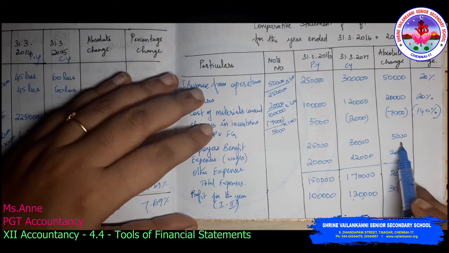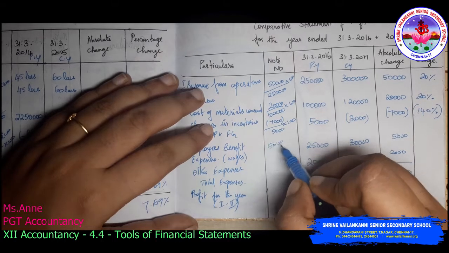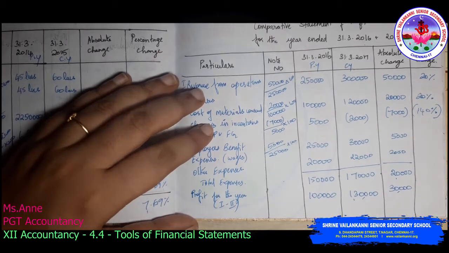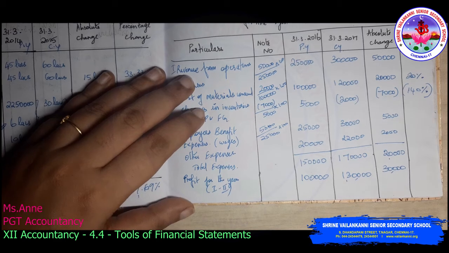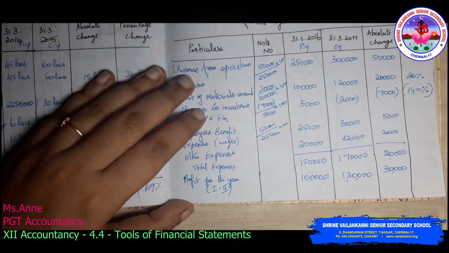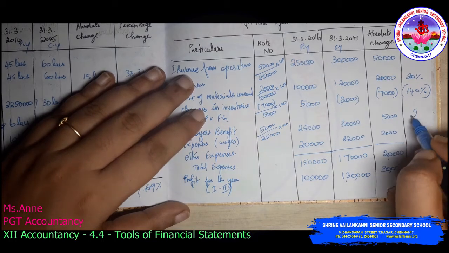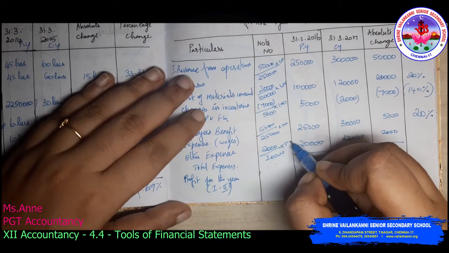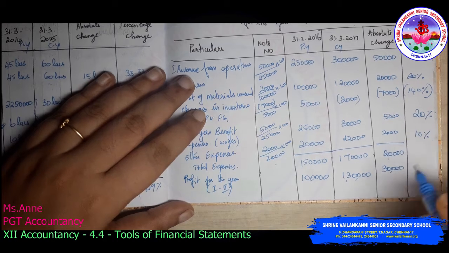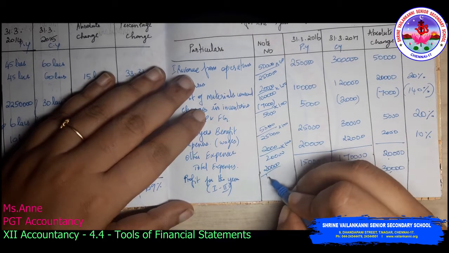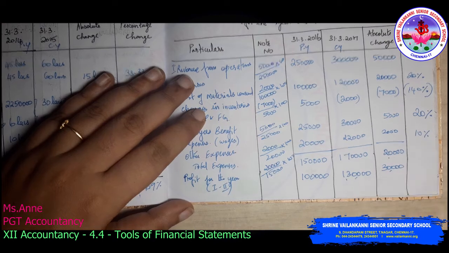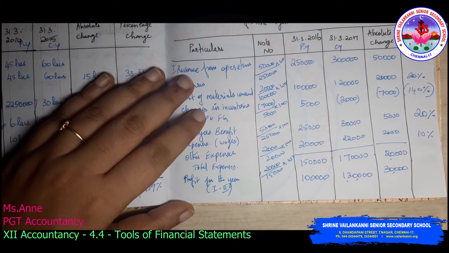Then 5,000 divided by 25,000 into 100, which also is 20%. 2,000 divided by 20,000 into 100, that comes to 10%. 20,000 divided by 1,50,000 into 100, that is the change of total expenses, so that comes to 13.33%.